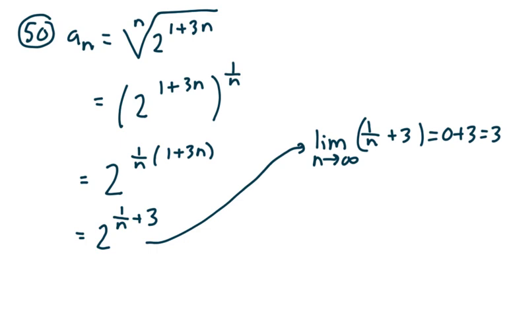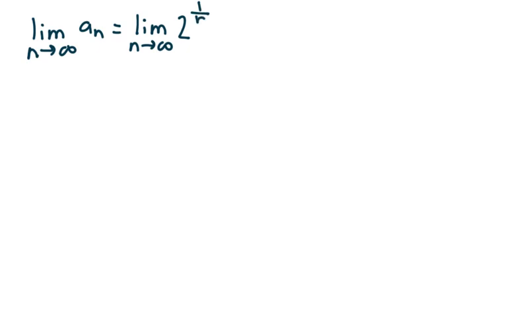So this is what I do. I look at the limit as n goes to infinity of a sub n. This is the limit as n goes to infinity of 2 to the 1 over n plus 3.